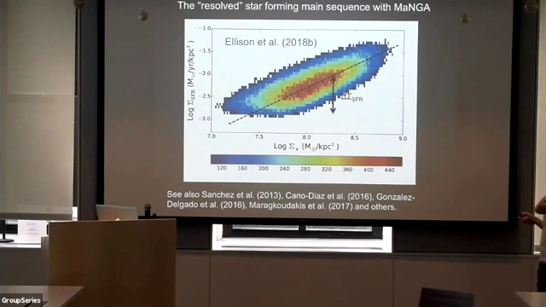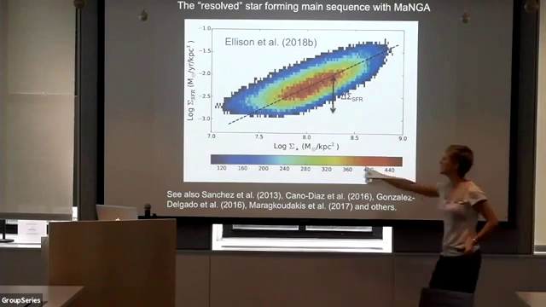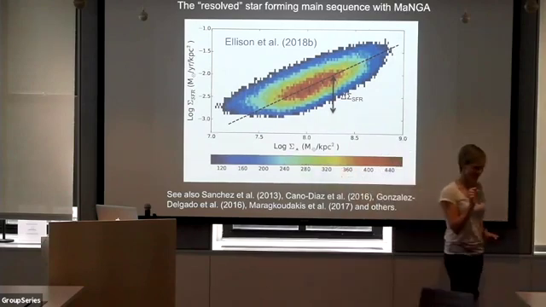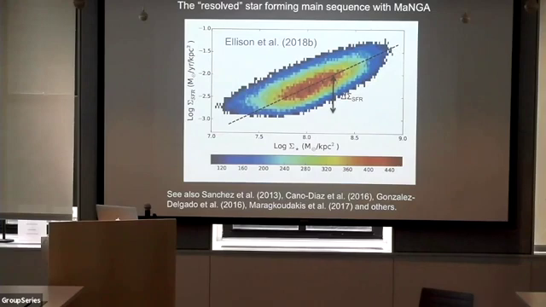So then what I can do is for any given spaxel, I can say, well, I know its stellar mass surface density. So I can predict from this line what its surface density of star formation should be if it behaved normally.